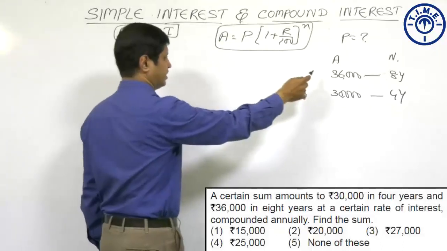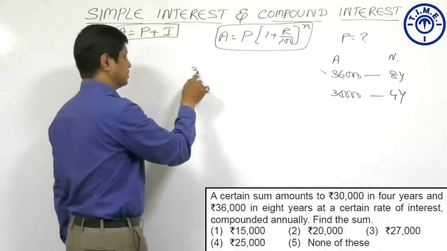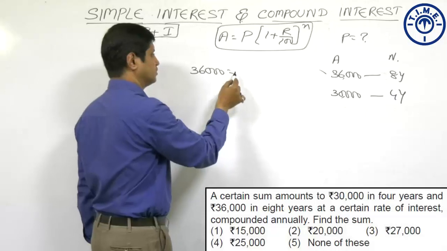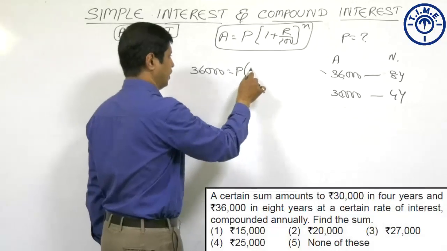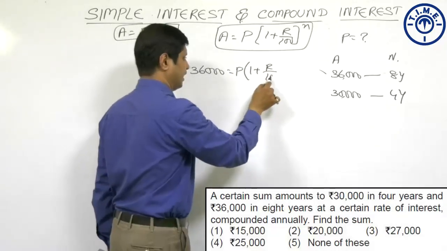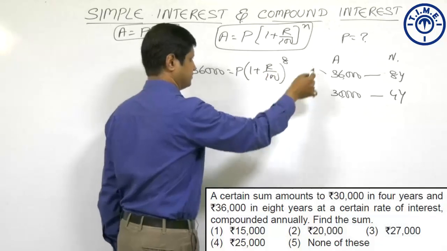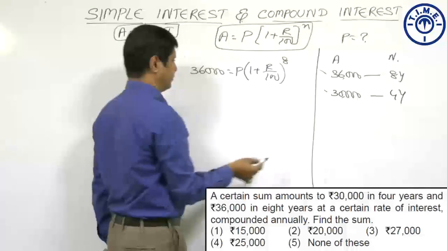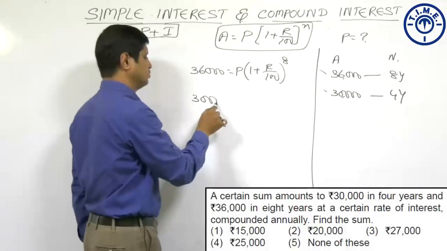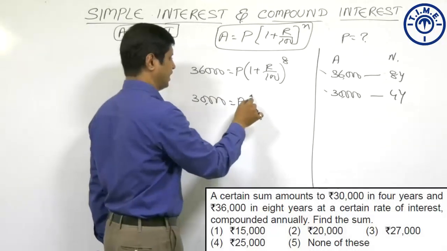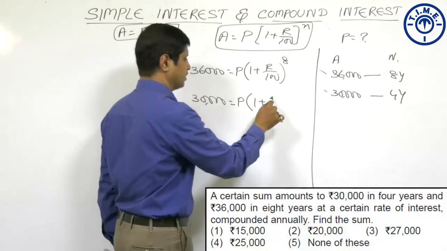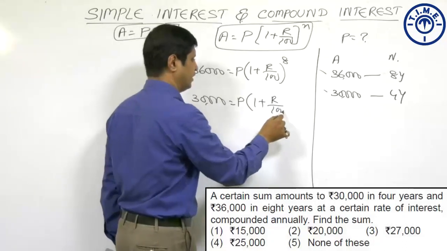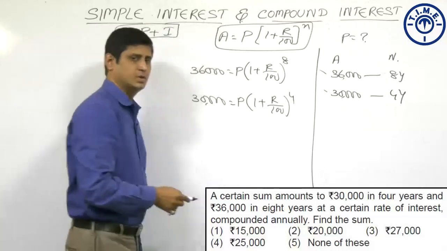First case: it is 36,000. So, 36,000 is the amount, P is to be found. Now, 1 plus R by 100 power 8. Now, using the second data, 30,000 is the amount. Principal is P here, 1 plus R by 100 whole power 4.